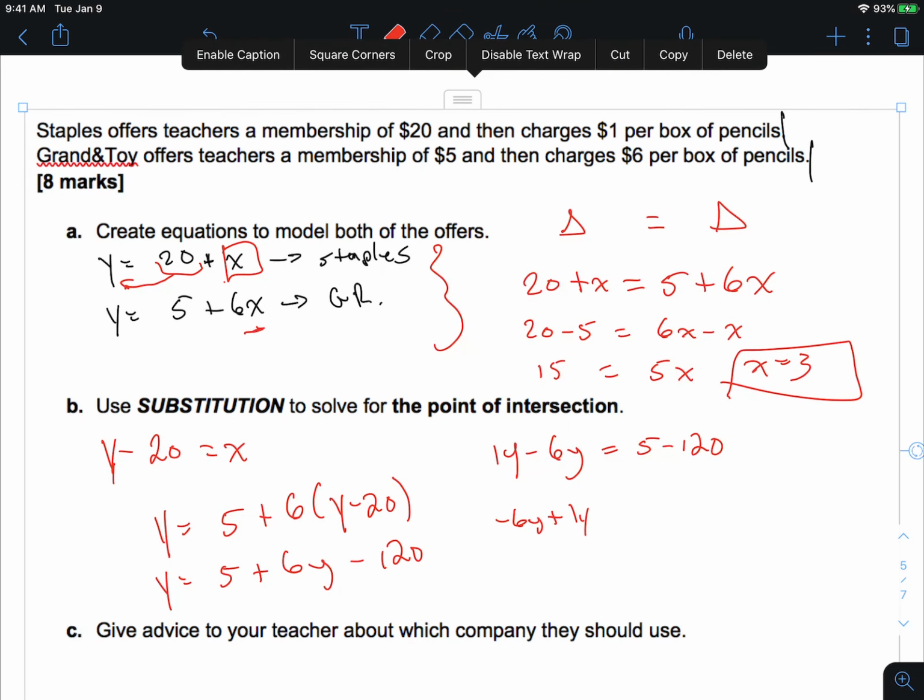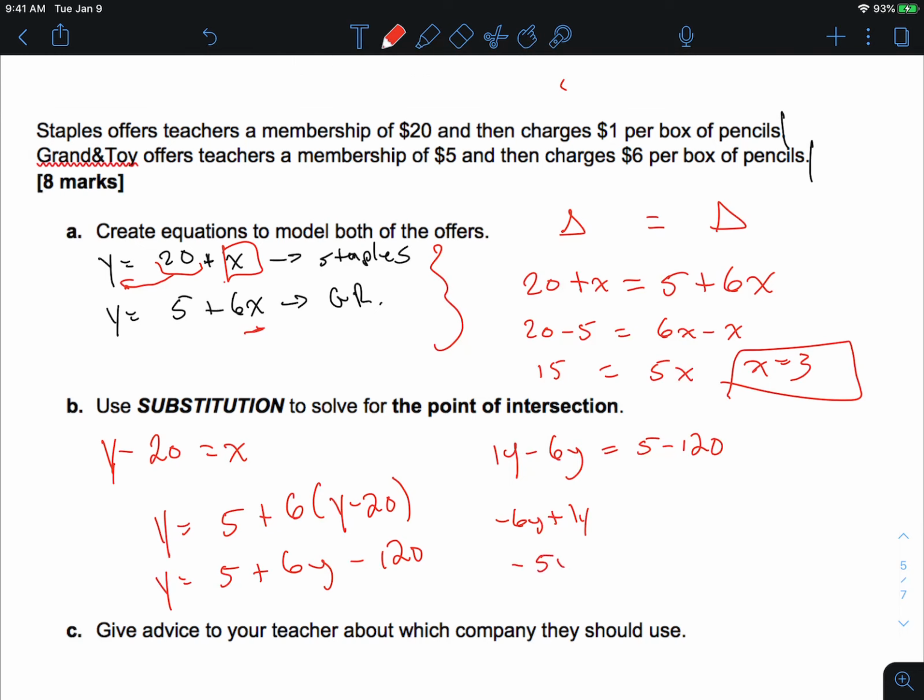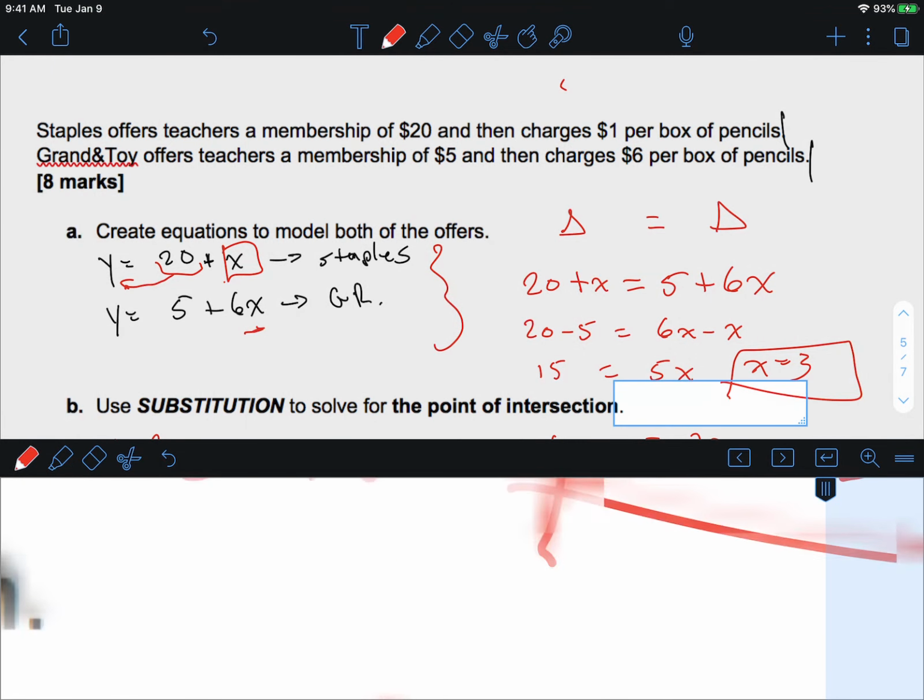Good. And that'd be negative 115 on that right side there. And then you divide that and it ends up being positive.